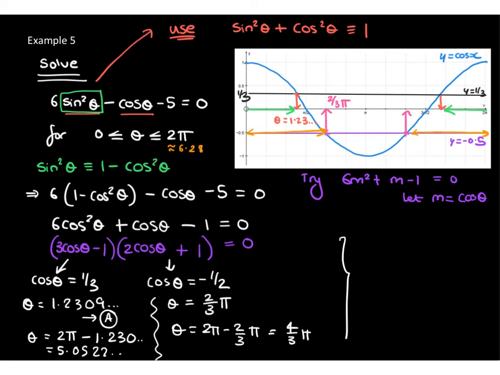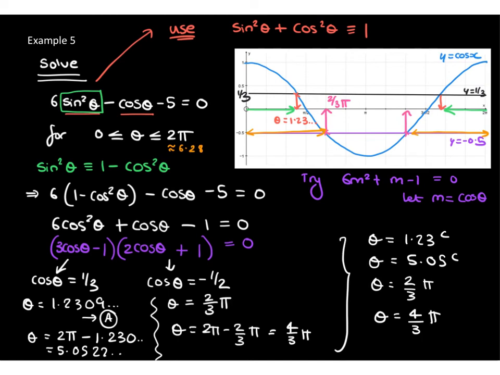So I have 4 answers. Theta equals 1.23 radians, theta equals 5.05 radians, theta equals 2/3 pi, theta equals 4/3 pi. And I don't really need to use the radian symbol for the third and fourth answers here because they're in terms of pi.